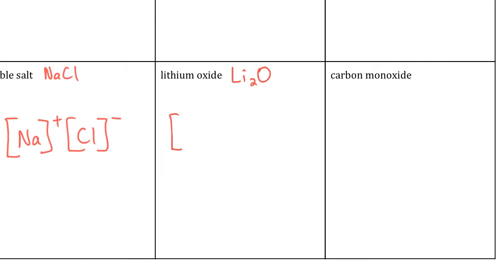So lithium, Li, all the electrons are taken away by oxygen, and it's got a +1 charge. Oh, sorry, we should have 2 lithiums, so I put a 2 coefficient on the outside. And then for the oxygen, there's 1 oxygen, and it should have 8 electrons around it because each lithium has donated 1 electron.